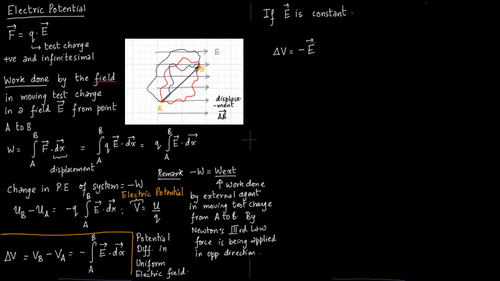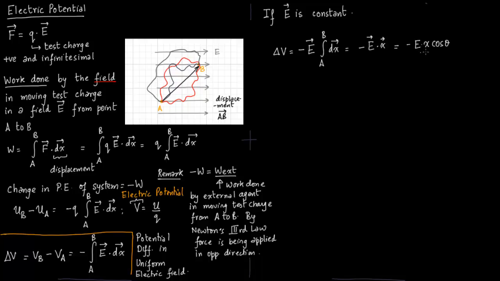So then delta V would be, you can take E vector outside, and you get dot product of E vector and X vector, where X vector is the displacement.